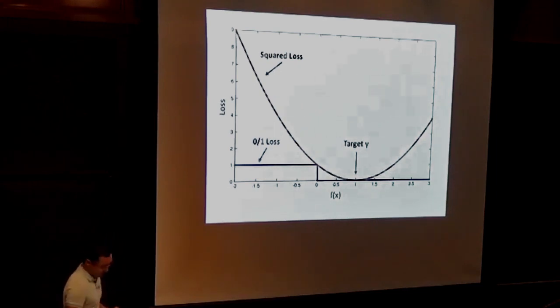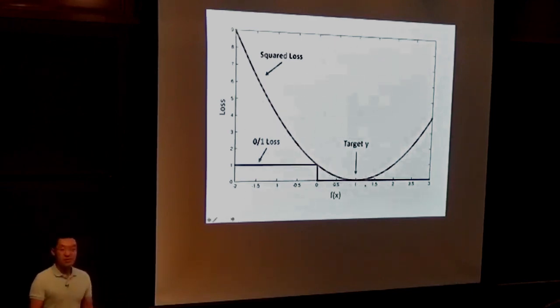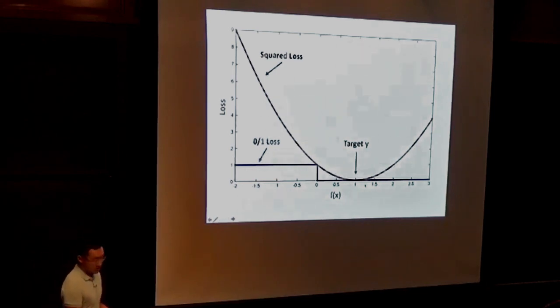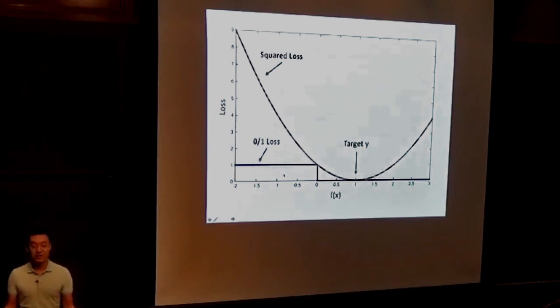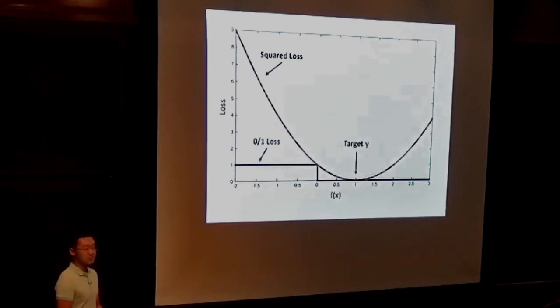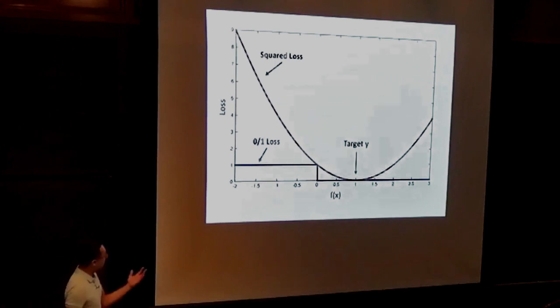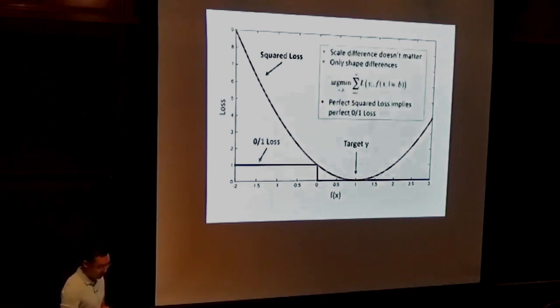For 0-1 loss, as soon as our predictor predicts a positive value, the loss is 0 because we compare the sign of the values. As soon as the predictor has a value that's negative, we incur a loss of 1, because we're just comparing the sign of the prediction versus the sign of the label. So this is the geometry of the problem.